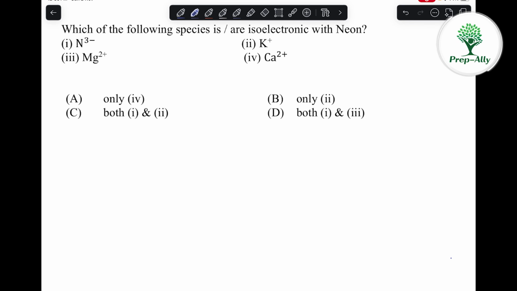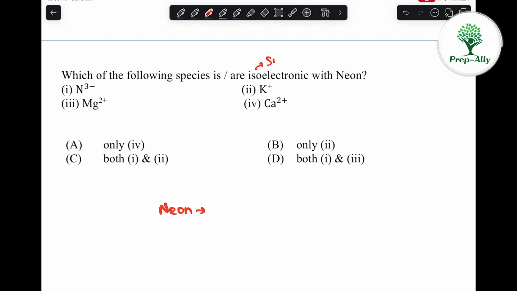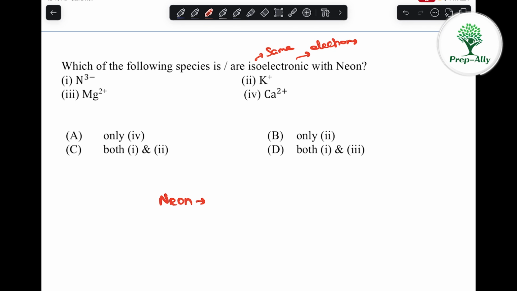Which of the following species is isoelectronic with neon? So neon, what is isoelectronic? Iso, always remember, refers to same, and electronic is nothing but electrons. Which of the species has the same electrons as neon has?